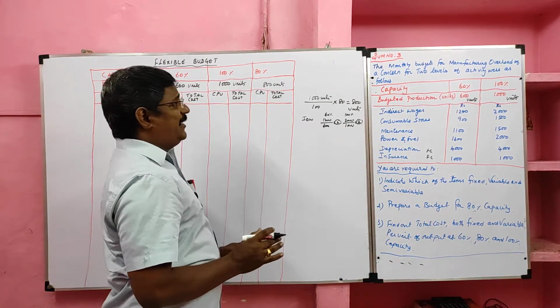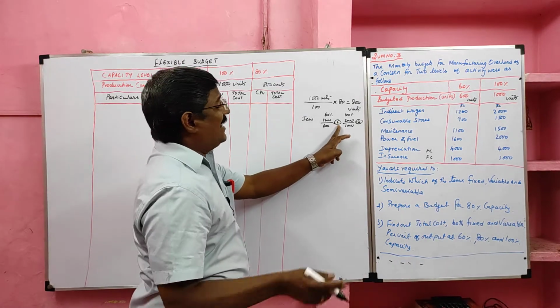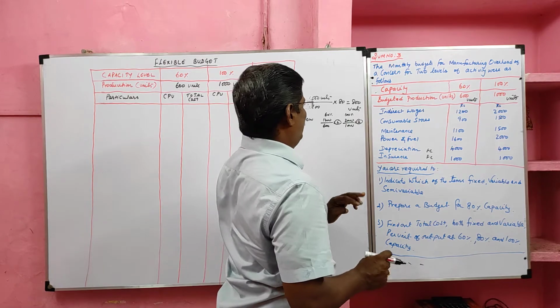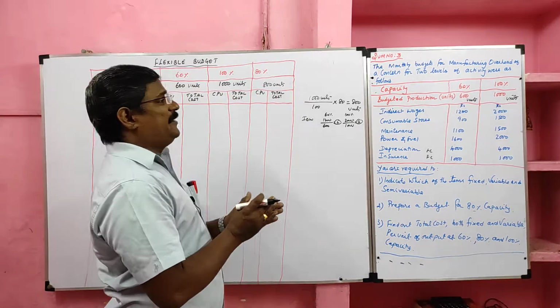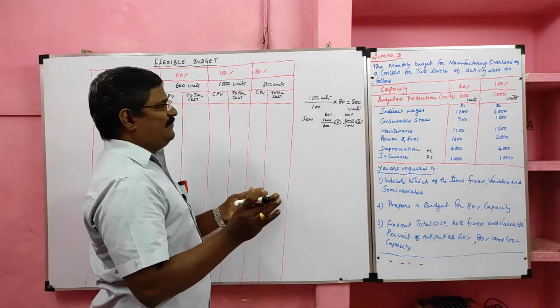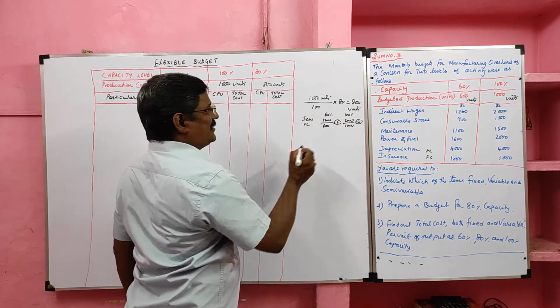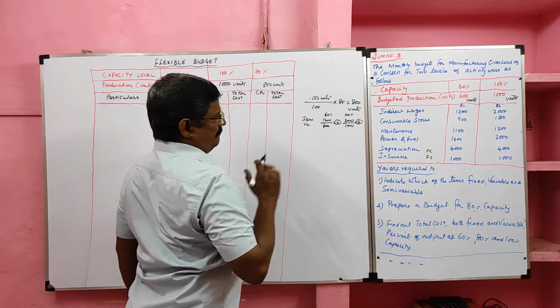So cost per unit is 2 at 60% level of activity, 2 at 100% level of activity. Variable cost per unit remains the same at any level of activity. So we can consider indirect wages as variable cost, because the cost per unit remains the same.